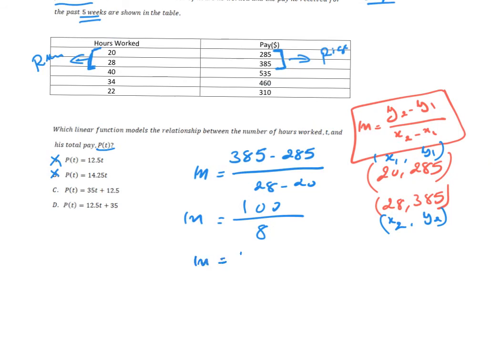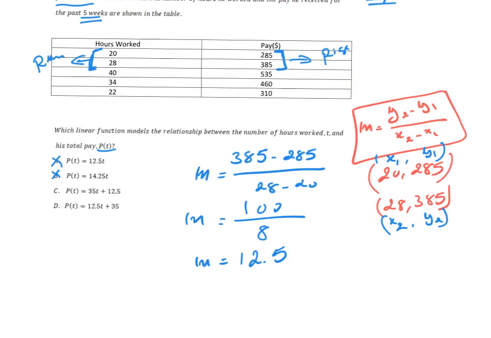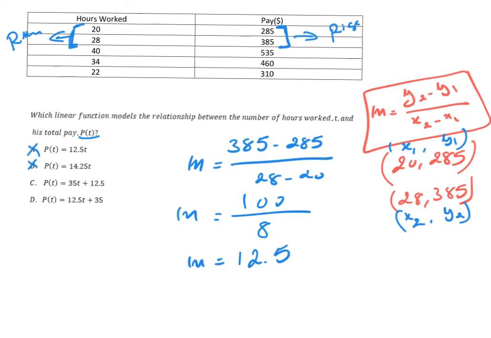So the slope here will be 12.5. We can see that Sam gets paid $12.50 per hour.